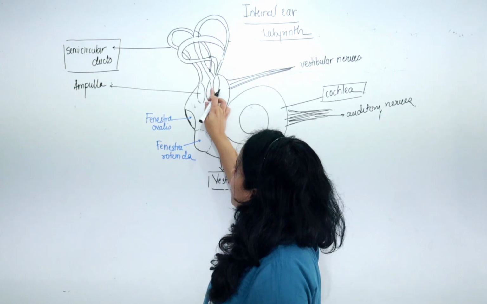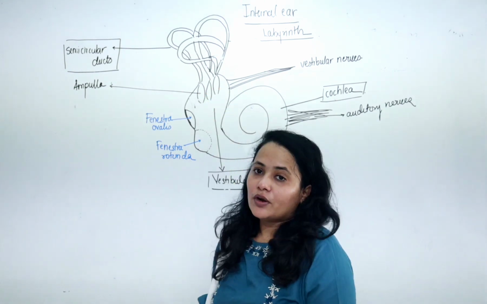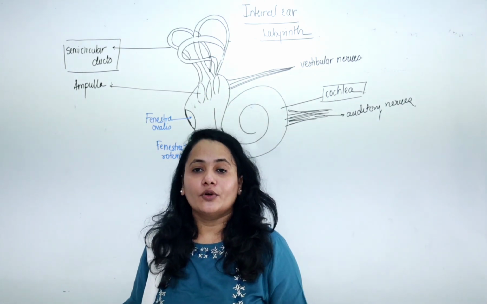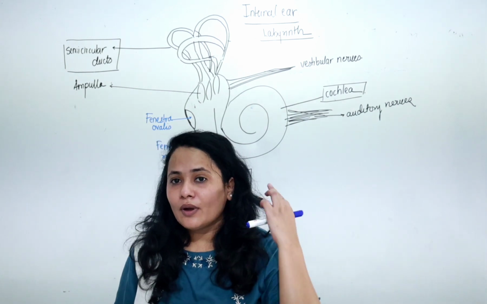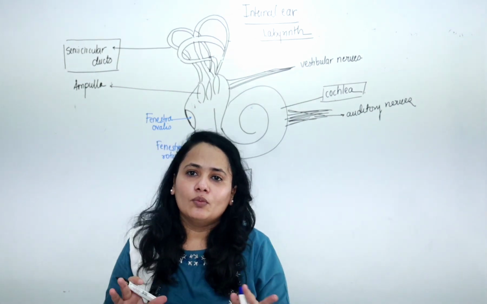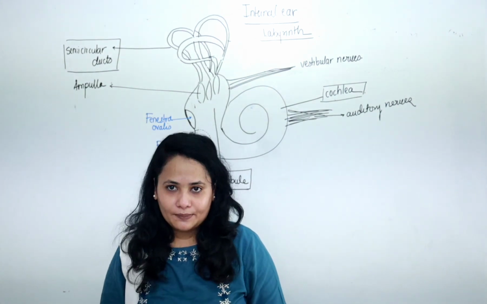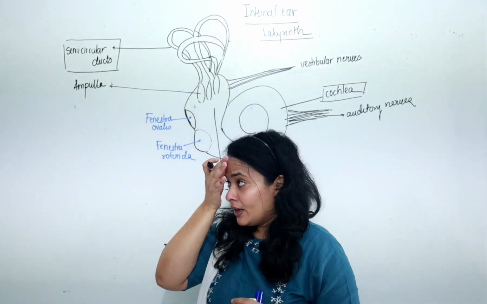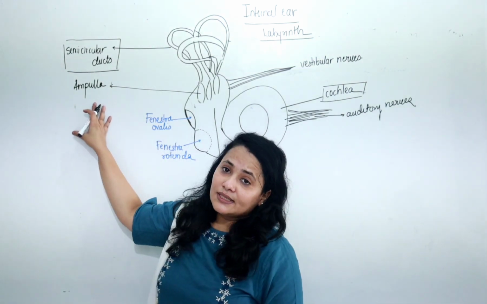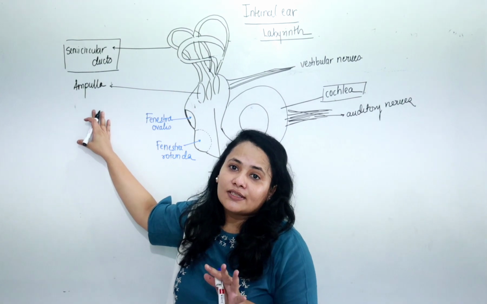And each has a broad opening, which we call the ampulla. What do we call it? Ampulla. In biology, generally any broad opening is called an ampulla. Now, these ampullae have sensory spots.